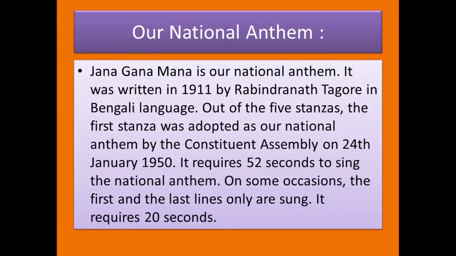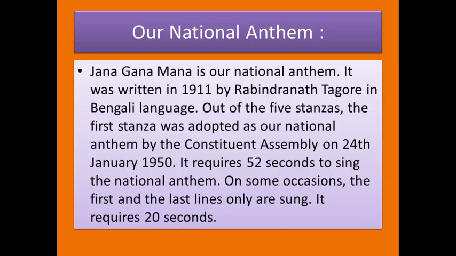Our national anthem. As we all know and sing, Jana Gana Mana is our national anthem. It was written in the year 1911 by Rabindranath Tagore in Bengali language.